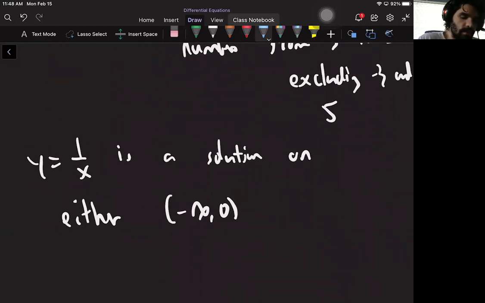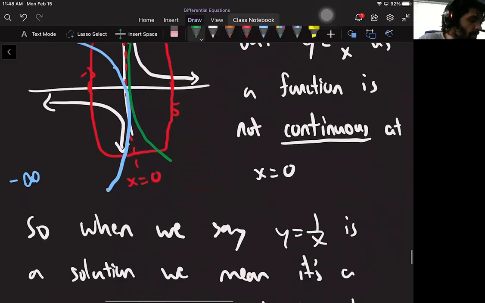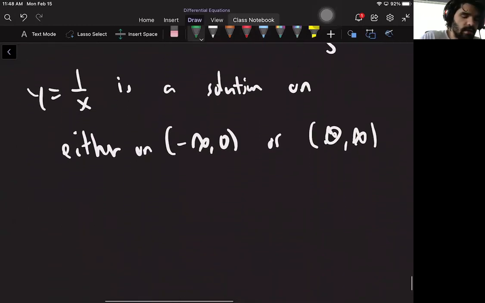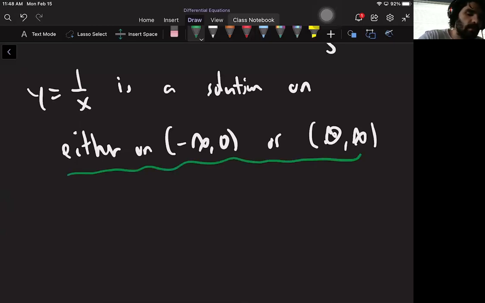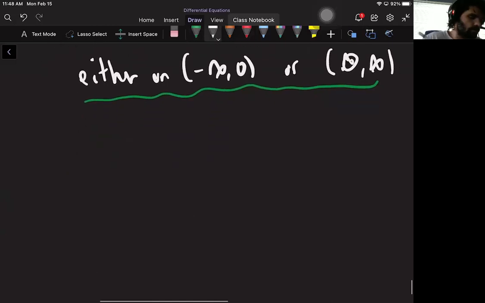It is a solution on that interval. Or you could also do 0 to infinity, the other side, because neither of those contain 0. So you could also just zoom in on the right side only, and that would be fine. So this is something we haven't done yet, but we've just been saying solutions without worrying about if it's defined the whole time or not. Okay, but it is something to think about.